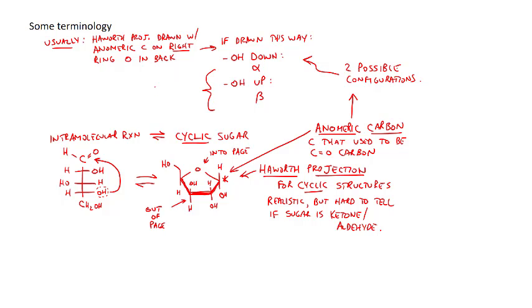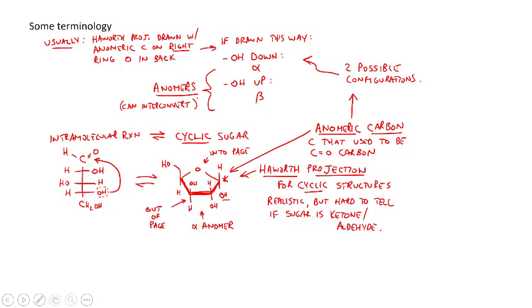And these two configurations are known as anomers. So what we've drawn down here is the alpha anomer of this particular sugar because this OH is pointing down. The anomers can interconvert. It's not like epimers. Epimers are always epimers.